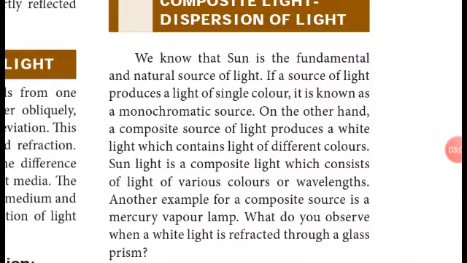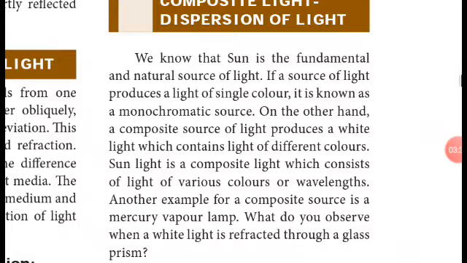But if you take a CFL bulb which is fixed in your room or your hall, or a tube light, any source which is going to emit white light is not a monochromatic source, because white light is a mixture of 7 colors which we call VIBGYOR: violet, indigo, blue, green, yellow, orange and red. If these colors combine, then we get white light.